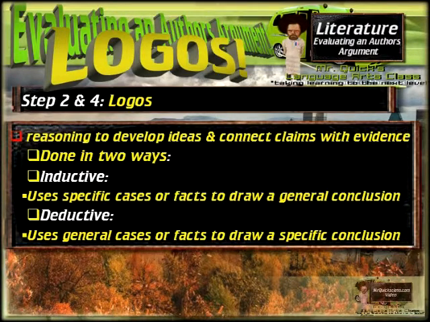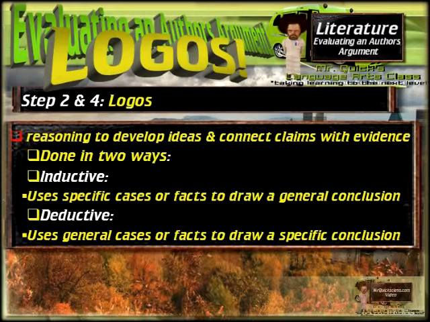And logos, in essence, is reasoning to develop ideas and connect claims with evidence. And we're coming straight from the SAT essay prompt, because logos, of course, is one of the features that an author can use. And it's reasoning to develop ideas and connect claims with evidence.